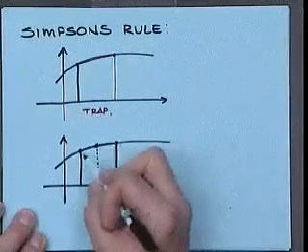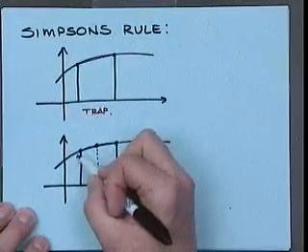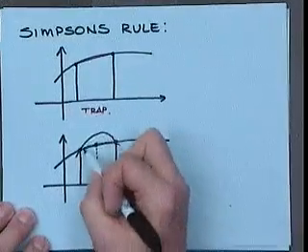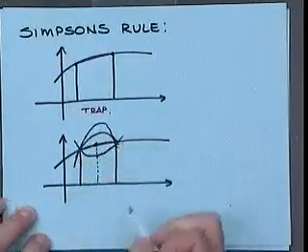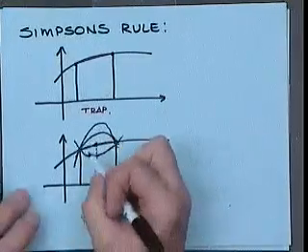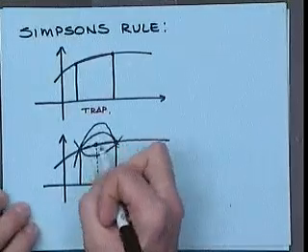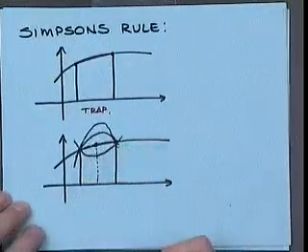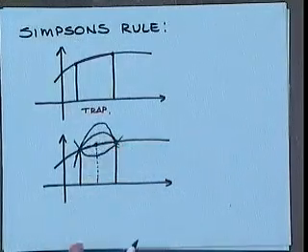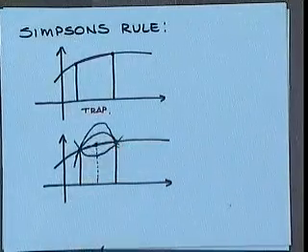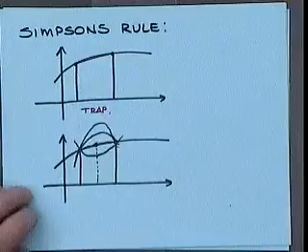If we just use the first and last point, there's a whole lot of parabolas that catch the first point and the last point. So we're going to do a much better job if we force that parabola to catch the point in the middle as well. So it'll look like our regions are twice as large with the same amount of subdivisions, but we're forcing this thing to catch the point in the middle as well.